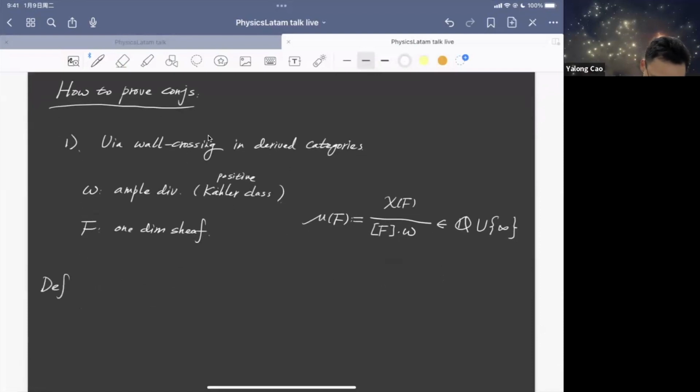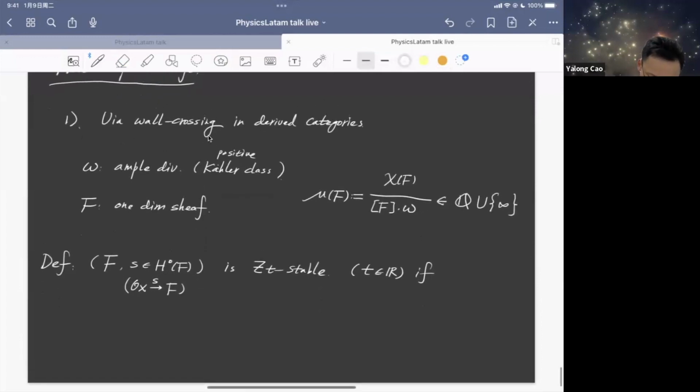So now we introduce a definition. We consider this pair: F is this one-dimensional sheaf, and s is a section of this sheaf. Using the previous notation, it is a map from O_X to F. We call this Z_t stable, where t is a parameter, if the following tests of slope hold.